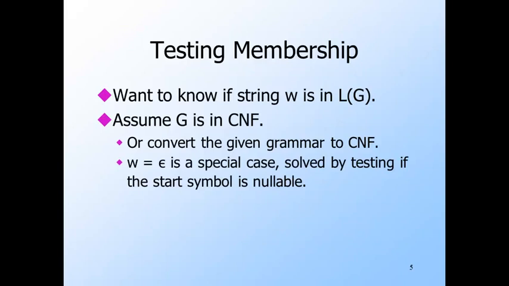There's a small matter that when we convert to CNF, we lose the ability to generate the empty string. But if W, the string we want to test, is epsilon, then there is another approach entirely. Apply the algorithm we learned for finding the nullable symbols, those that derive epsilon. See if the start symbol is one of these, and that lets us test membership of the empty string in the language of a context-free grammar.